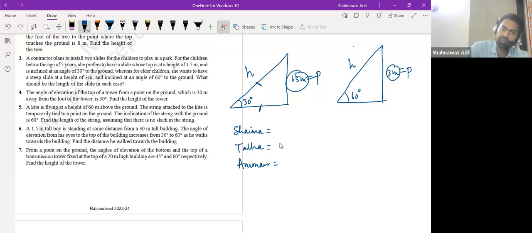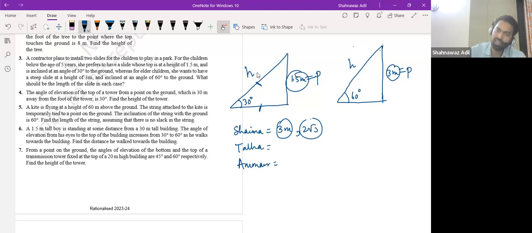Sir, the height of the slide for small children is 3 meter, and for the elder children is 2 to 3 meter. Good. So, Talha and Amar, what about you guys?